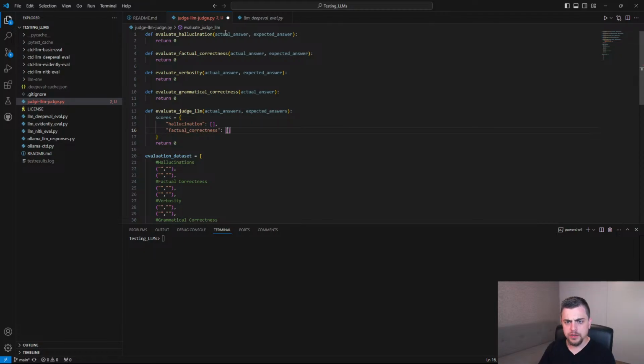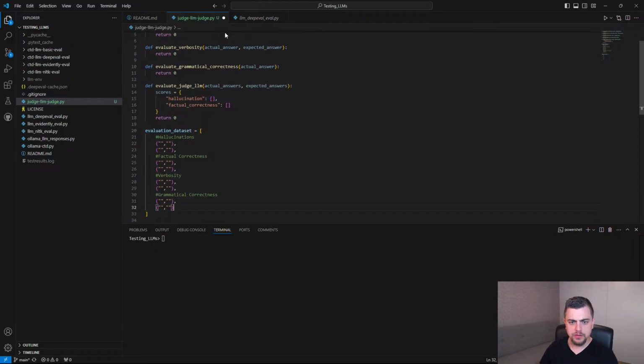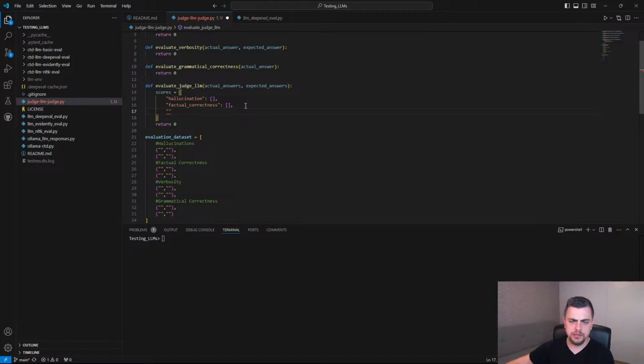And we will store the evaluation of these, I don't know how many questions, I mean the score of the evaluation of the judge LLM responses for these right now unphrased questions. So the scores will be stored in here. I think that's correct.